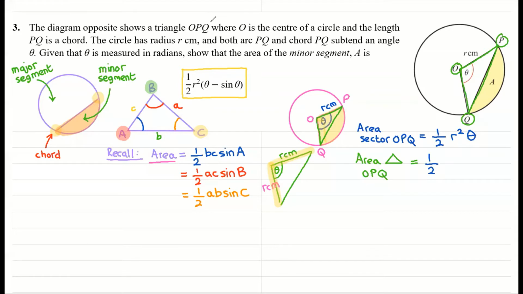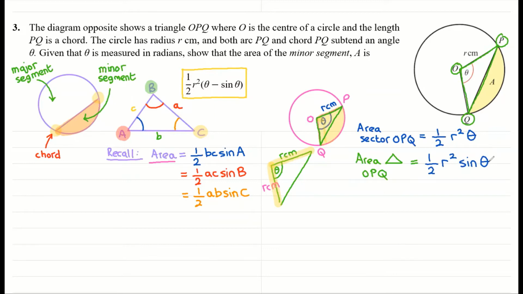So I can write my area of the triangle as 1/2 R squared sine of theta. Okay, using the triangle formula from earlier. I hope that's okay.